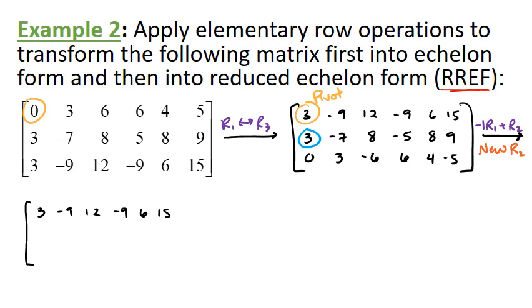Row 2 becomes 0, 2, -4, 4, 2, and -6. Row 3 remains the same.